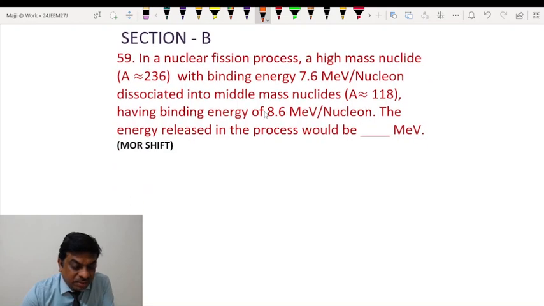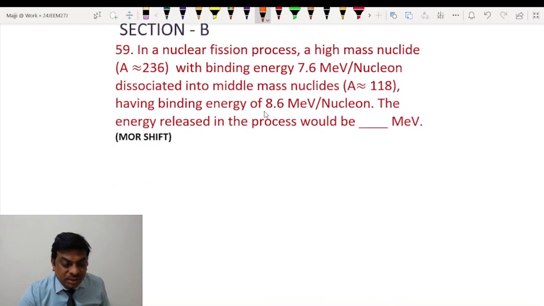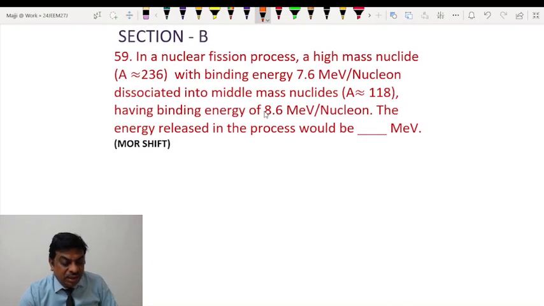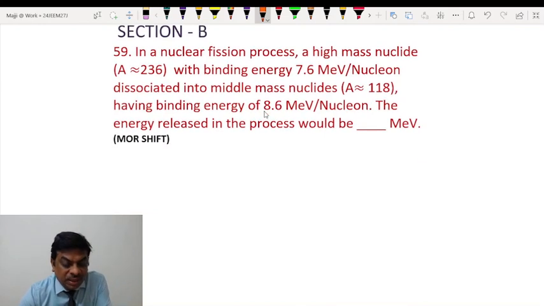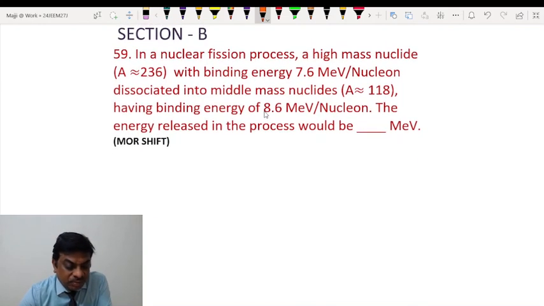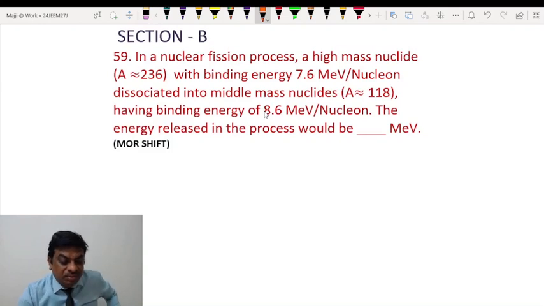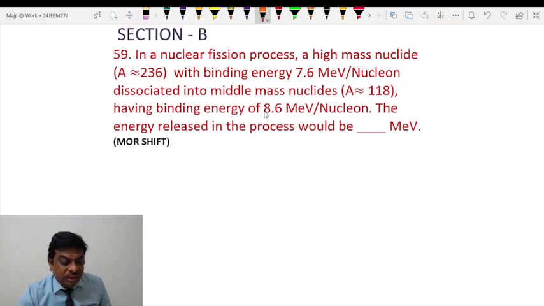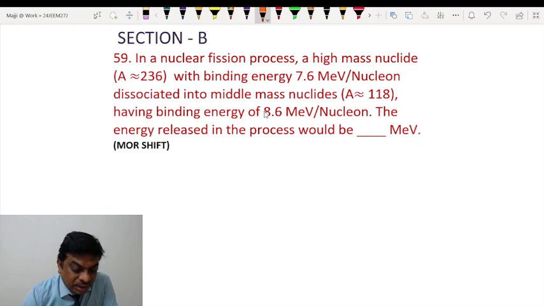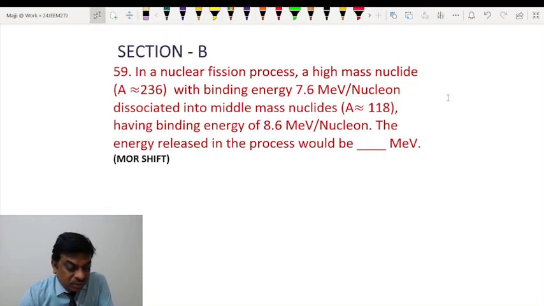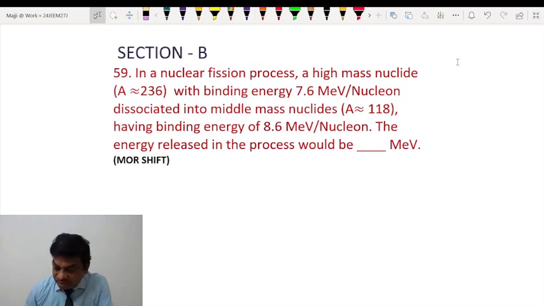Then coming to section B: in a nuclear fission process, a high mass nuclide A approximately 236 with binding energy 7.6 million electron volt per nucleon dissociates into middle mass nuclei of approximately A equal to 118 having binding energy of this much. So the energy released is?